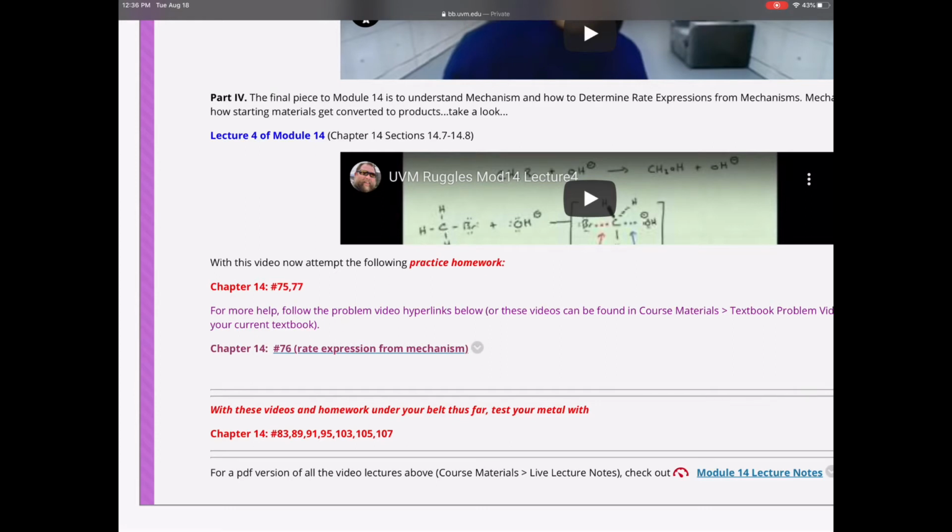So we'll find that concepts within a chapter, even though they're singular, we can then bring them together at the end of the chapter with that understanding. And so that's what we find at the very end of the chapter with those red practice questions. And then in the bottom right hand corner, you'll see there's another link to the lecture notes, in this case for Module 14. And that's just a transcript of the videos.